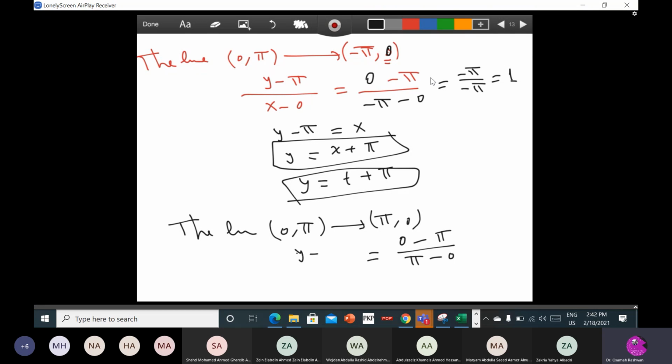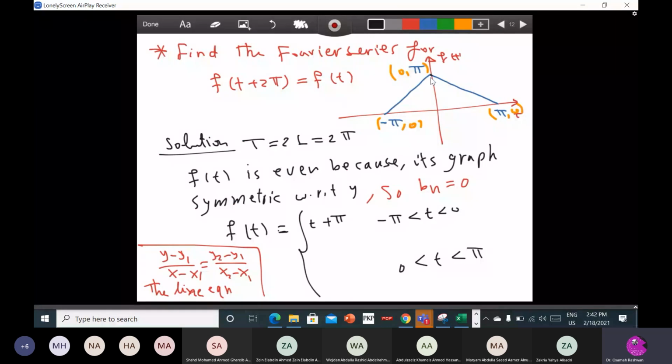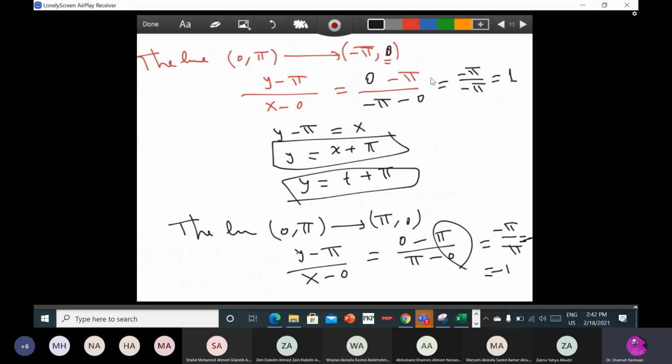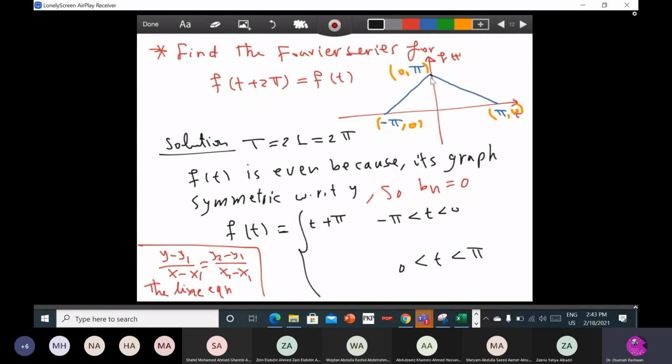Now y minus, I will take this one as it is here, so it's minus pi over x minus 0. Now I have minus pi over pi, so I have minus 1. So the slope is minus 1, which is fair enough because my line from the left to the right is going down, right? Now I have y minus pi equal to minus x. So y equal to minus x plus pi. I just replace x by t, so I have minus t plus pi. So the last piece will be minus t plus pi.